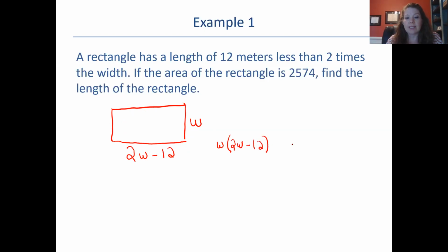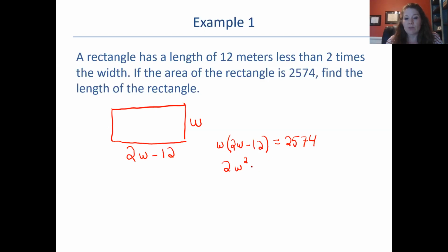And we know in this situation our area is 2,574 square meters. So we're going to use the distributive property. 2W times W is 2W squared.